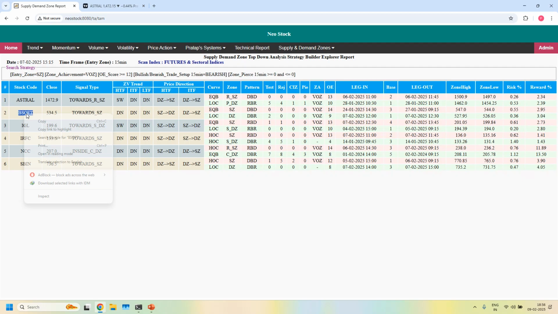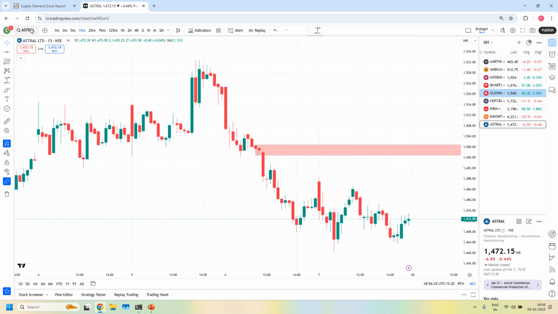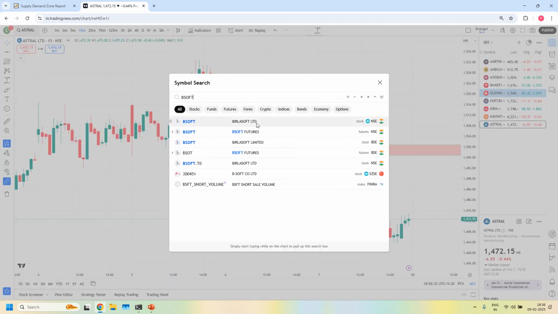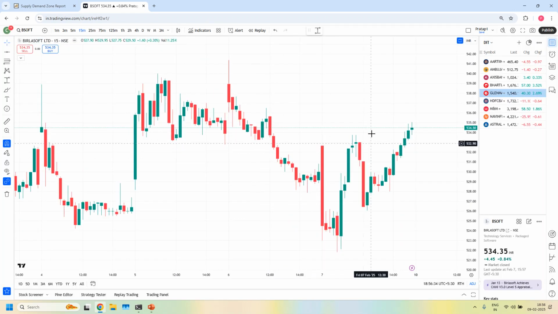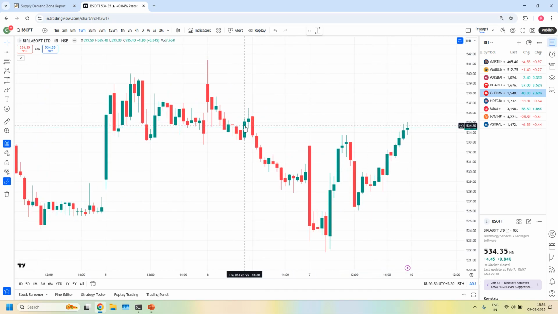And next one is Birla Soft. A supply zone. When it was created, 24th January 1430, after that 3 base candles. Maybe it is not good enough to consider the leg out, maybe.